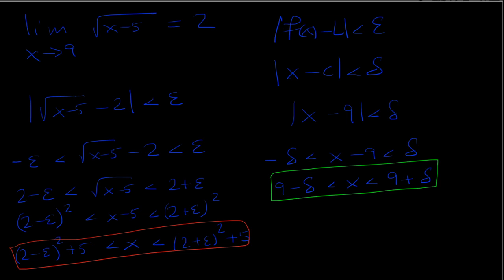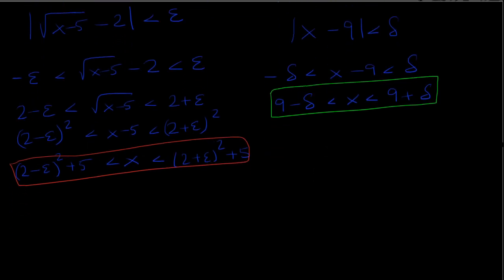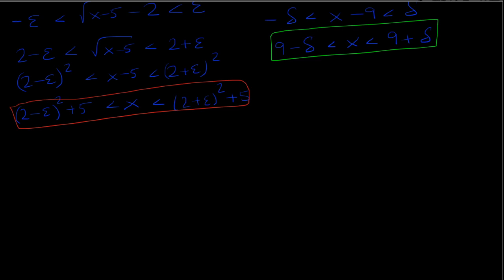So now all that's left to do is to set the two inequalities equal to each other. So what I mean by that is we're going to set the smaller, so the 2 minus epsilon squared plus 5, with 9 minus delta. So we have 2 minus epsilon squared plus 5 equals 9 minus delta.